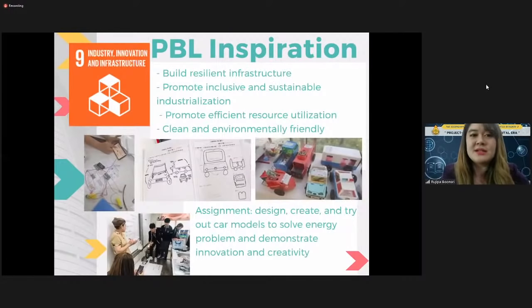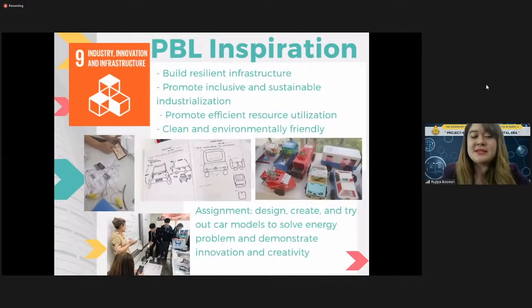What we did in class was a very good inspiration of project-based learning. The objective was very clear: students will learn about one of the SDGs, Sustainable Development Goals, which is how to build resilient infrastructure, how to promote inclusive and sustainable industrialization, and how to promote efficient resource utilization that must be clean and environmentally friendly.